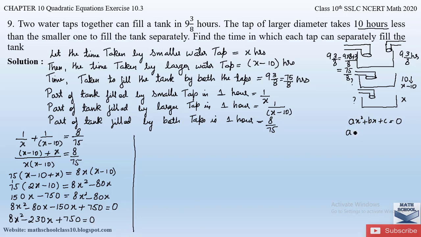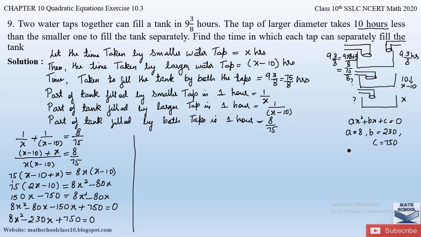The a value is the coefficient of x square, that is nothing but 8. Then the coefficient of x, that is b, is equal to 230, and the constant c is nothing but 750. Here I am taking only the numbers, the signs we are not considering since we are using splitting the middle term.